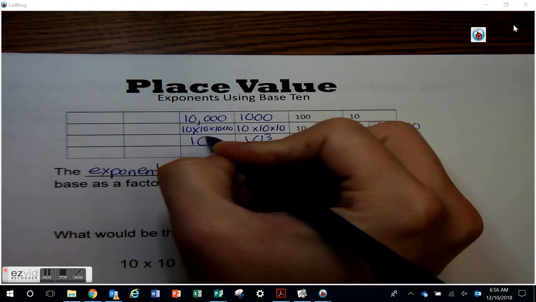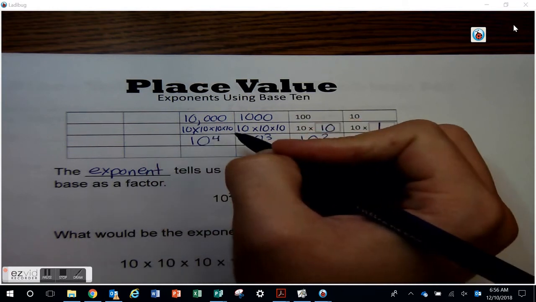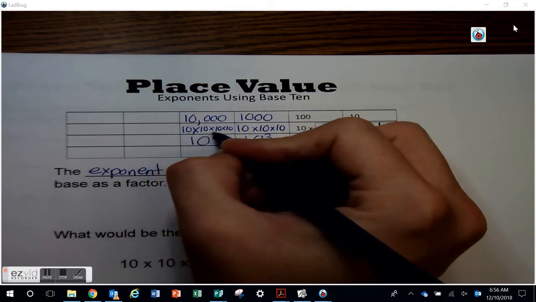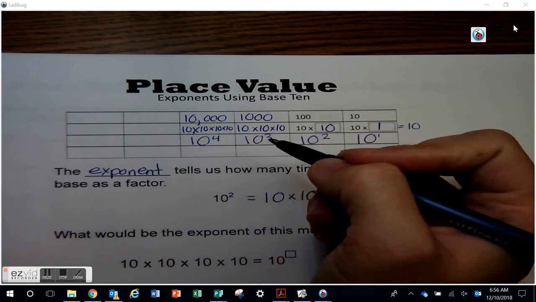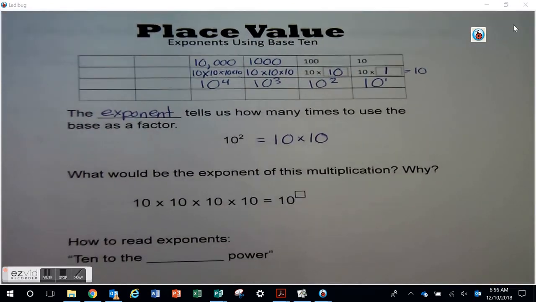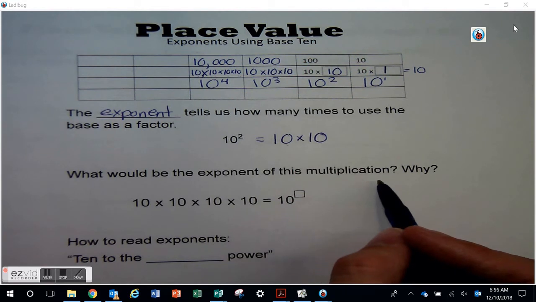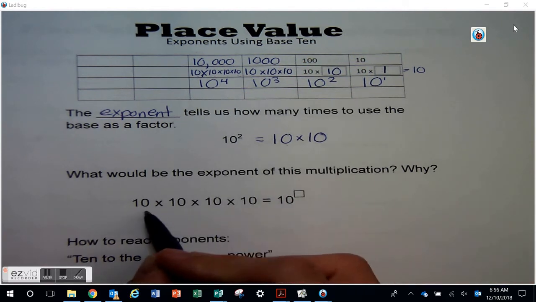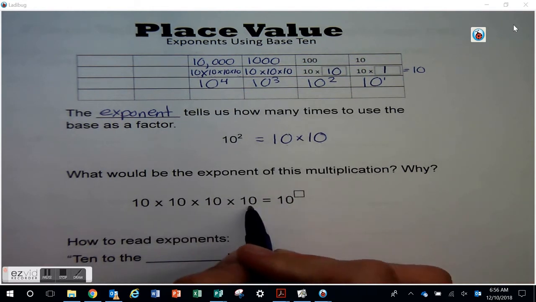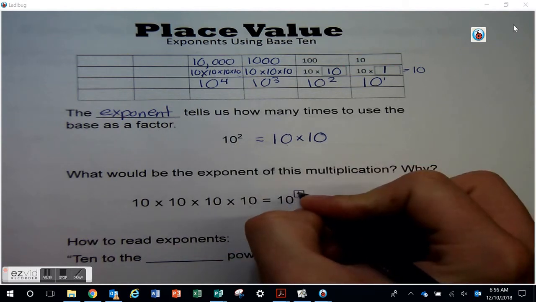This could be written as 10 to the fourth power because I'm multiplying 10, 1, 2, 3, 4 times by itself. So what would be the exponent of this multiplication? Well, let's see. 1, 2, 3, 4. We have four 10s. So I'm going to write a 4 there.